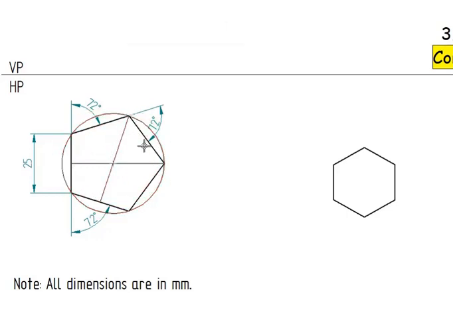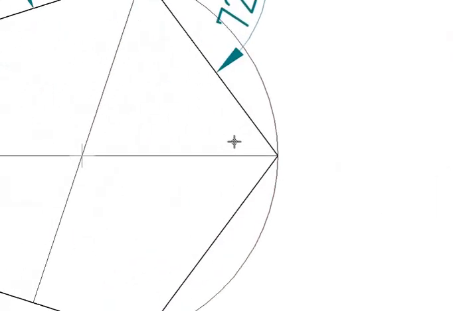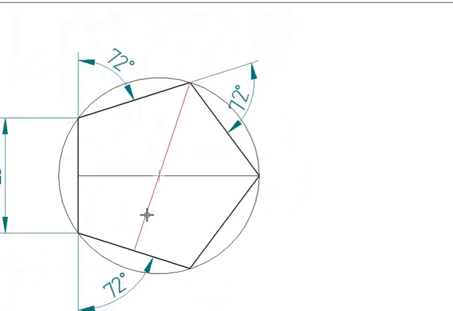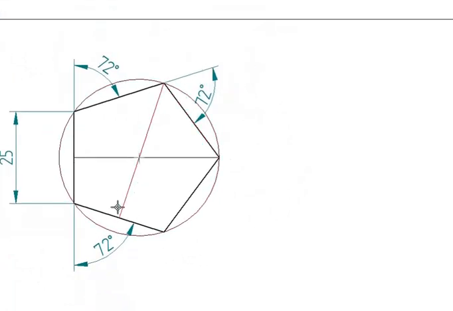Then it should touch all the corners of the pentagon. When you draw the perpendicular bisector, you can just use an arc of any radius. If it touches all these corners, then the pentagon you have drawn is a regular pentagon.